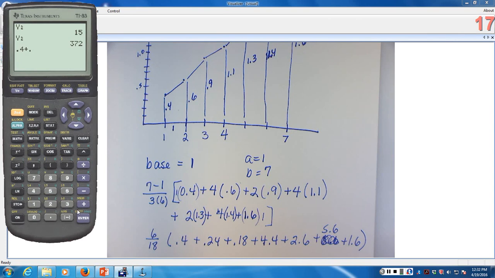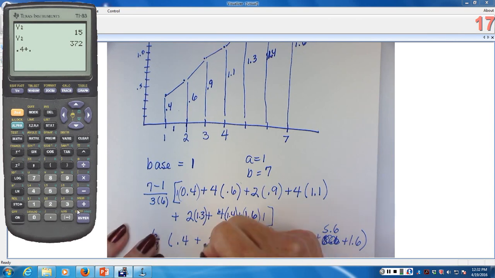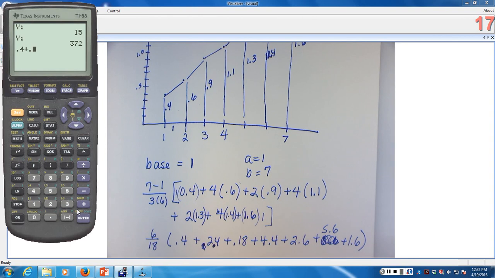And I'm sorry, folks, I made a mistake here. It's not 0.24, it's 2.4. Yeah, and it's 1.8. I didn't put my decimals in the right places. My arithmetic brain hasn't been working today at all.